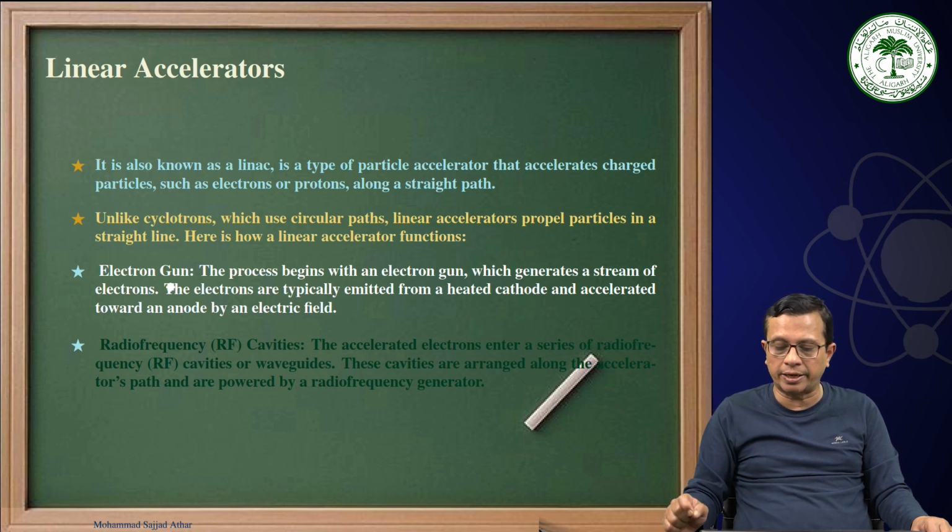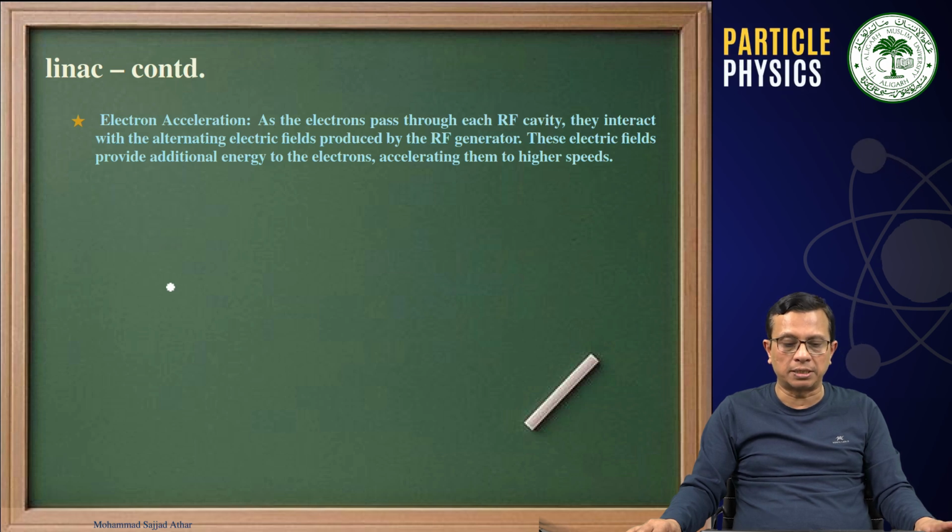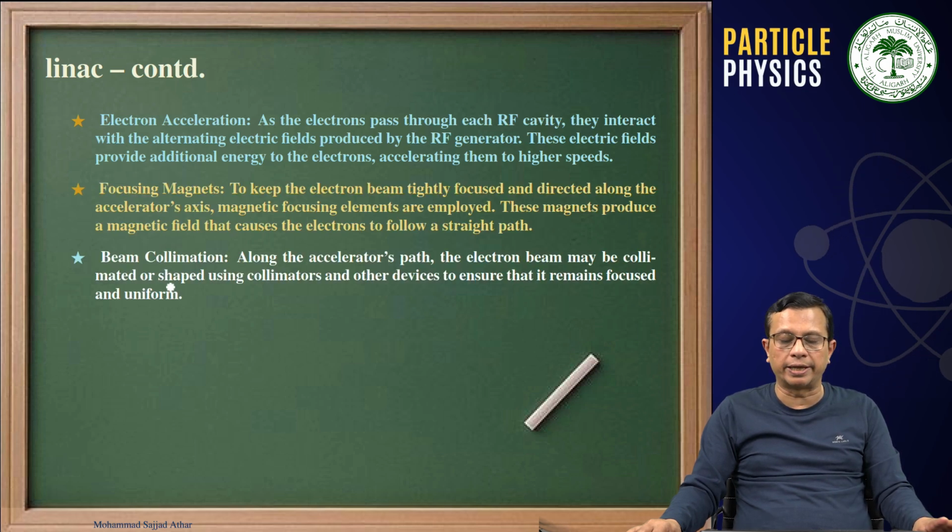These cavities are arranged along the accelerator's path and are powered by a radio frequency generator. As the electrons pass through the radio frequency cavity, they interact with the alternating electric fields produced by the radio frequency generator. These electric fields provide additional energy to the electrons, accelerating them to higher speeds.